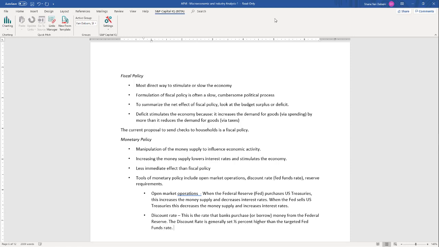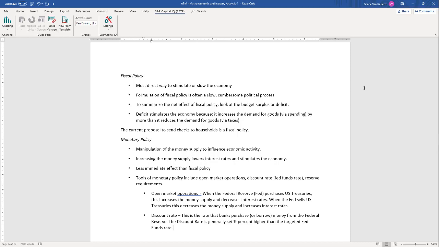So it's a targeted Fed funds rate. The Federal Reserve doesn't actually set the rate at which banks borrow and lend to each other. They encourage it through that discount rate. They want banks to borrow and lend to each other, and so they charge a higher rate if you go to their discount window.